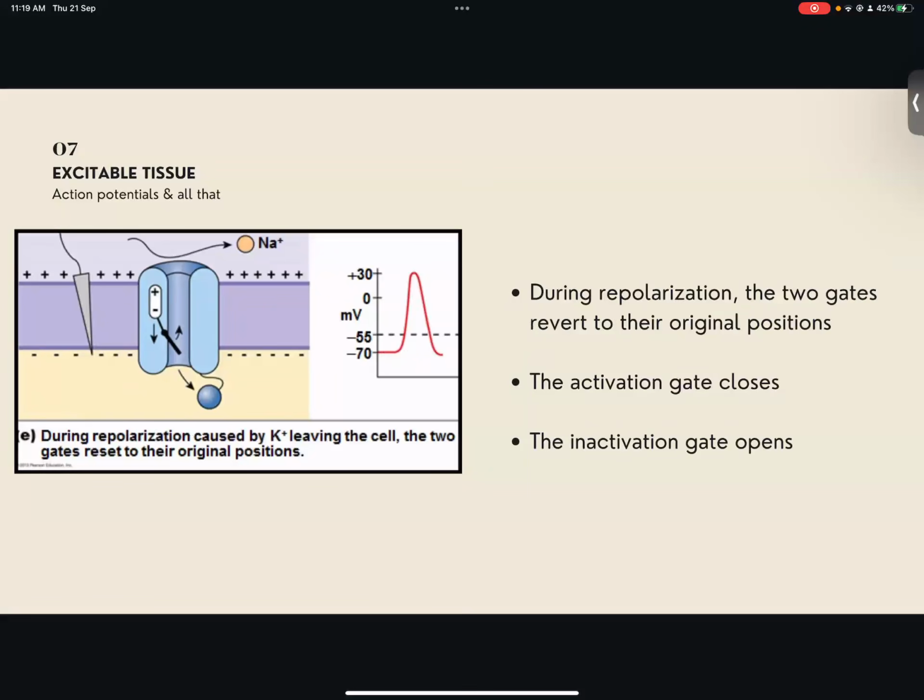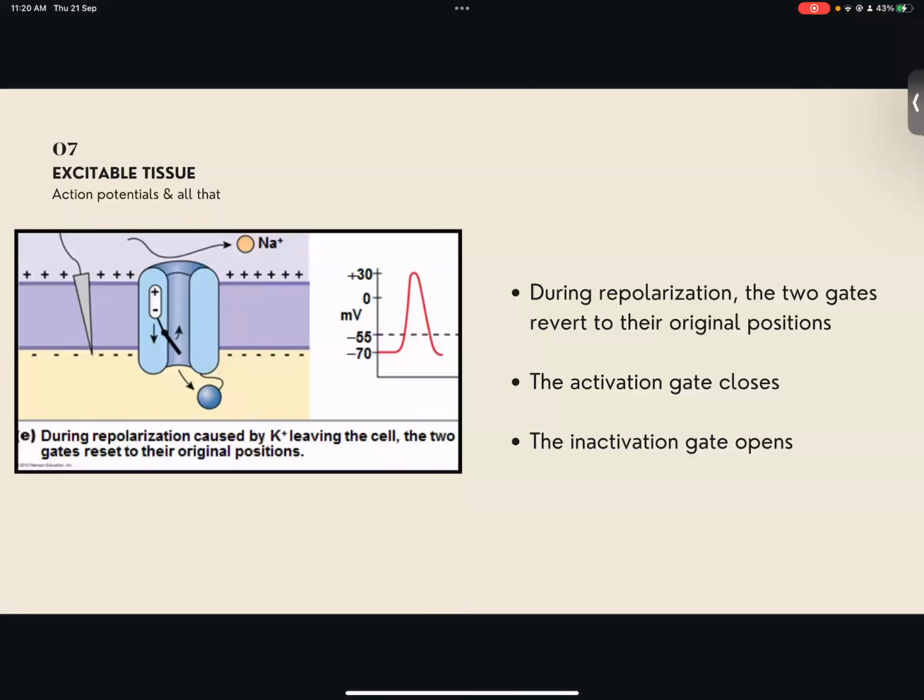Now, since no more positive charges can enter the cell, and obviously the membrane is permeable to other ions, the membrane potential will repolarize, meaning it will become more negative. So during the repolarization, the two gates revert to their original position. So now the activation gate will close and the inactivation gate will open again.